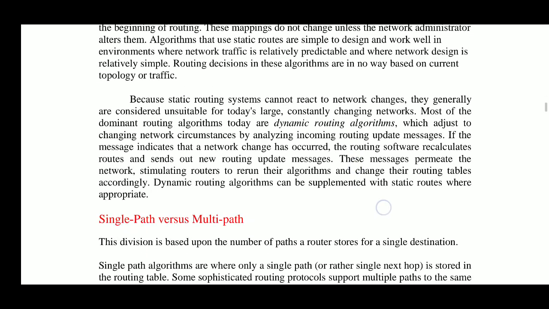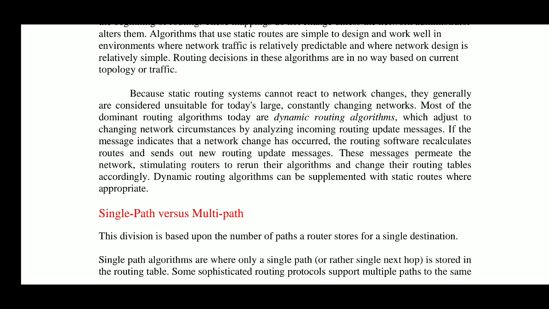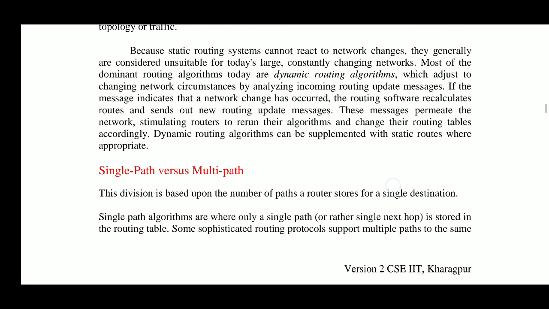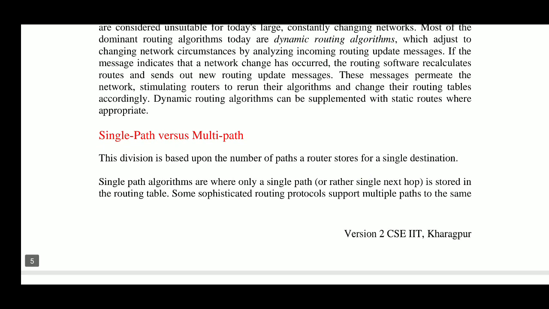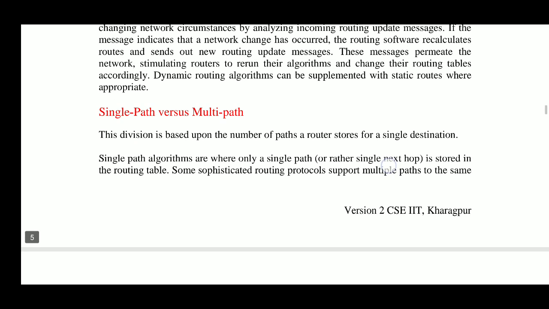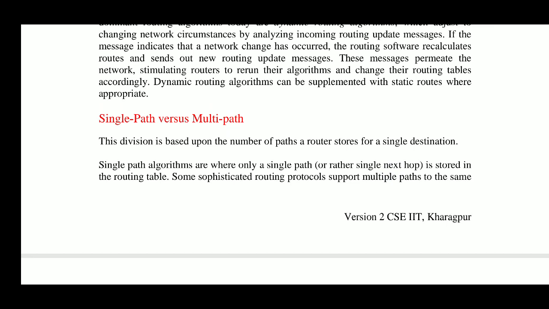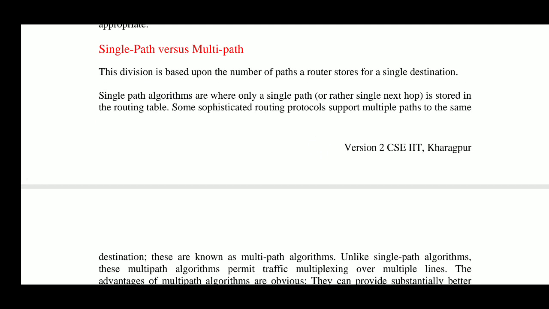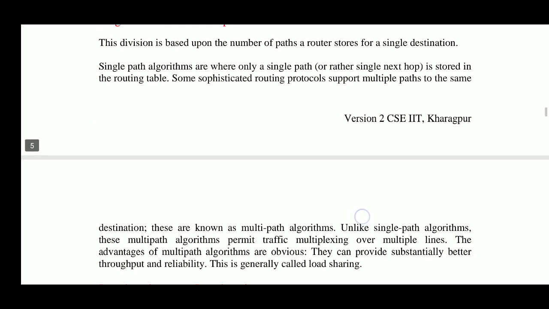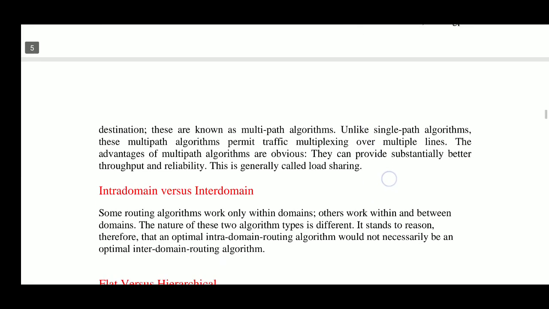Dynamic routing algorithms are those which adjust to changing network circumstances by analyzing incoming routing update messages. If a message indicates that a network change has occurred, the routing software recalculates routes and sends out new routing update messages. These messages permeate the network, stimulating routers to rerun their algorithms and change their routing tables accordingly. Then single path versus multipath, which we discussed in the earlier example.